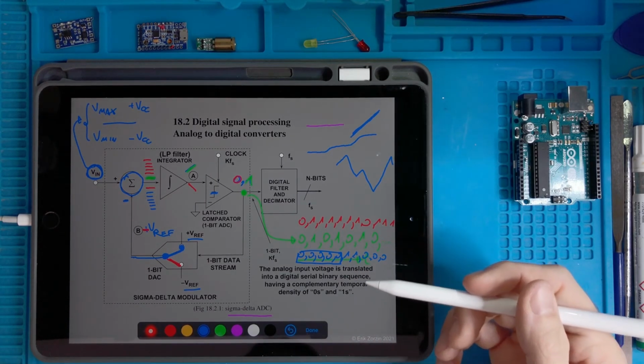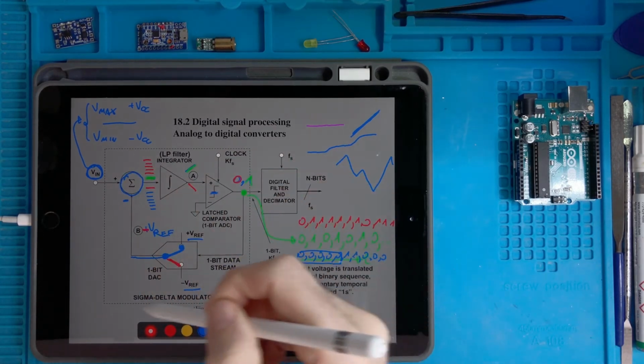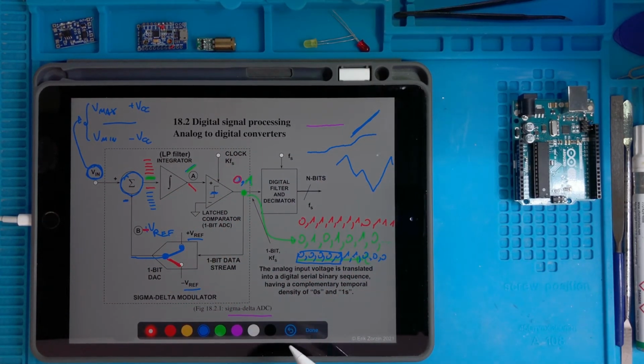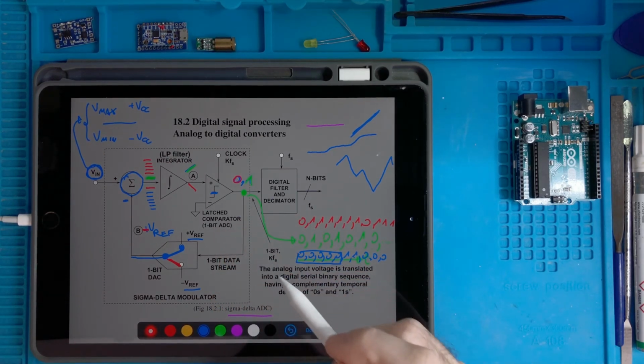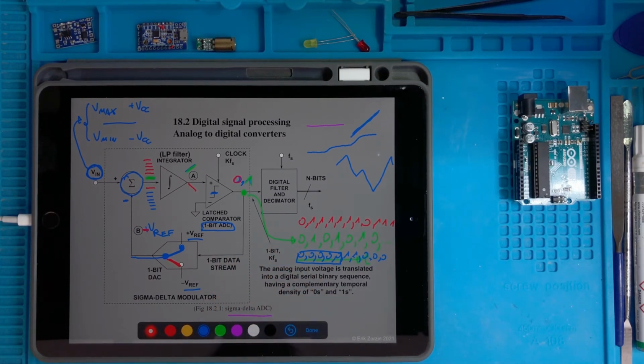So the resolution goes with the timing of this loop. And the good thing is that now we found a way to increase the resolution of these analog-to-digital converters, but the circuit is very simple, because we have only one comparator, so only a 1-bit ADC.